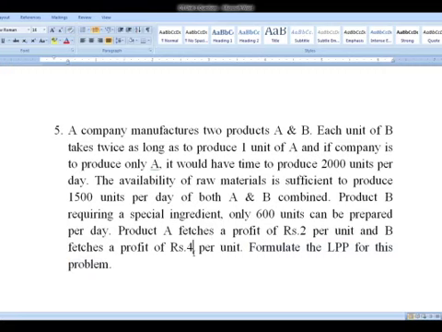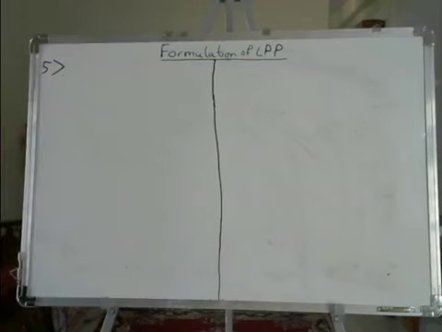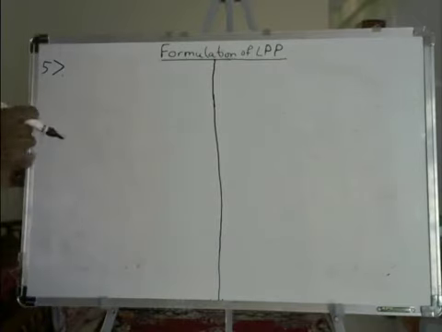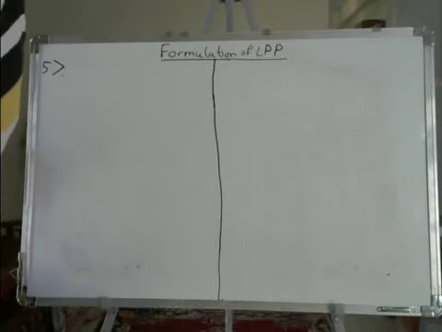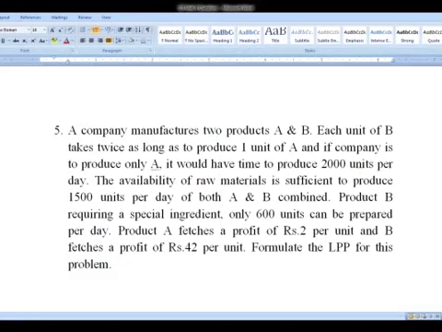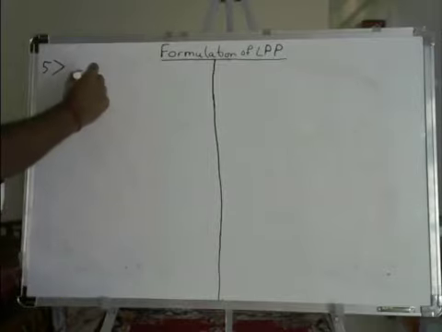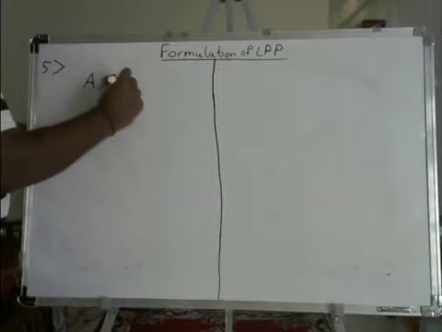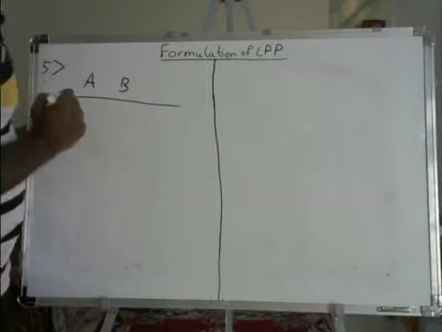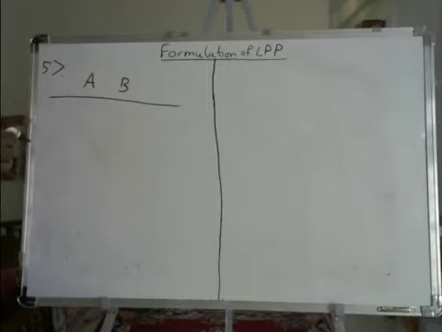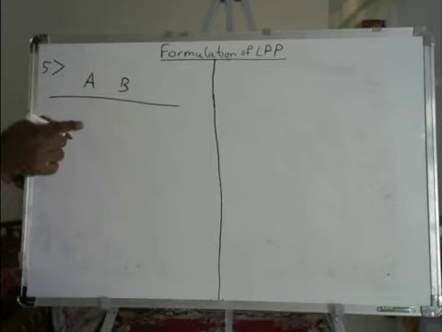Now let us try to solve this particular problem. What they've given us here is there are two products, that is A and B. The first one is the time constraint, I would say.